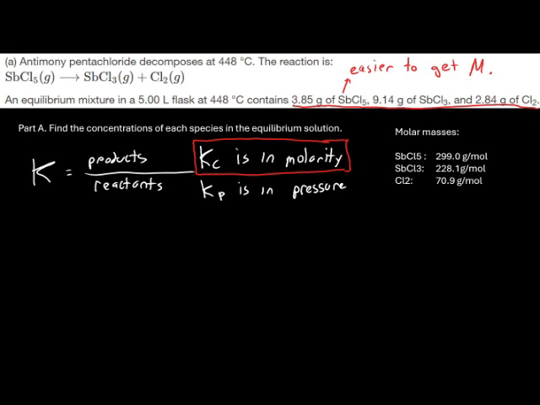Now, for part A, what we'll do is find the molarities of each of those species, remembering that molarity is equal to moles divided by liters. So our first order of business is going to be to get moles of each of these species that are in line 3 and then divide by liters.